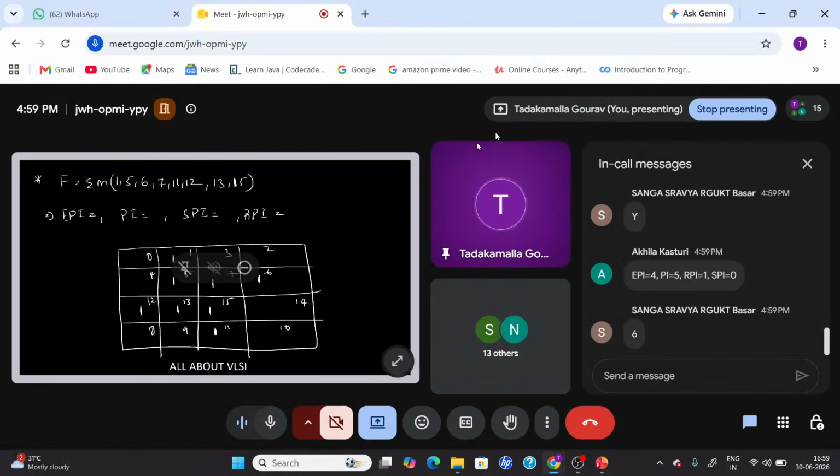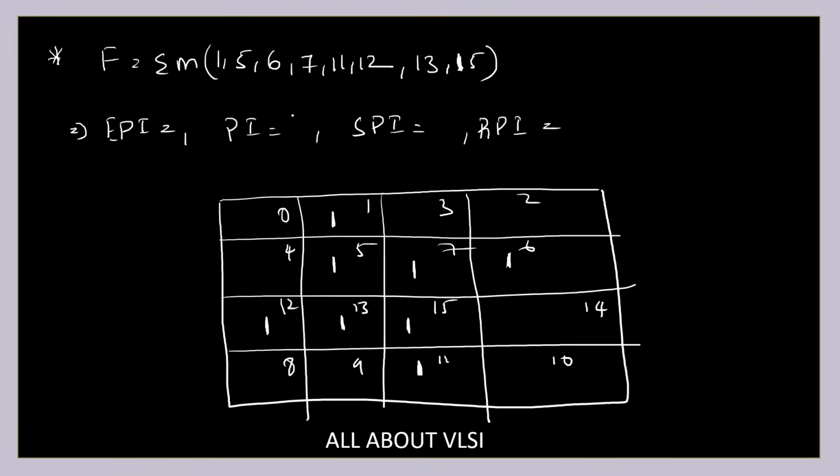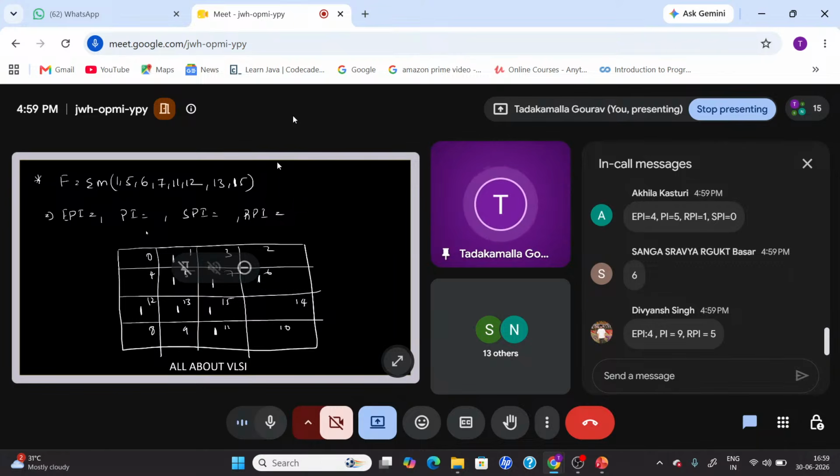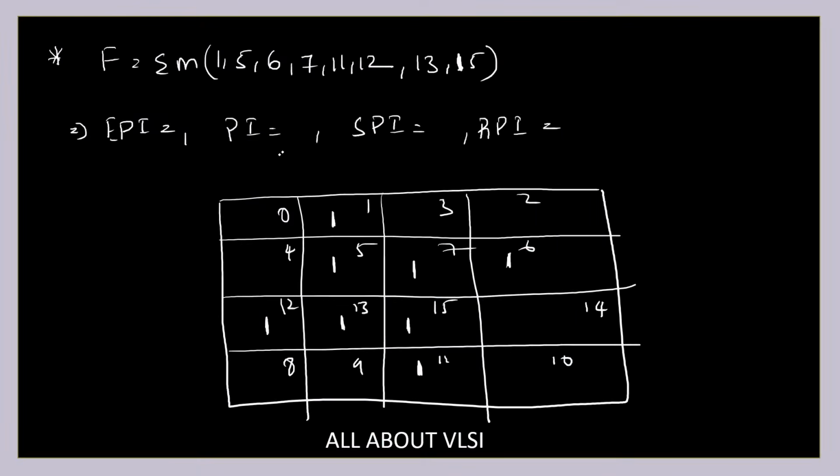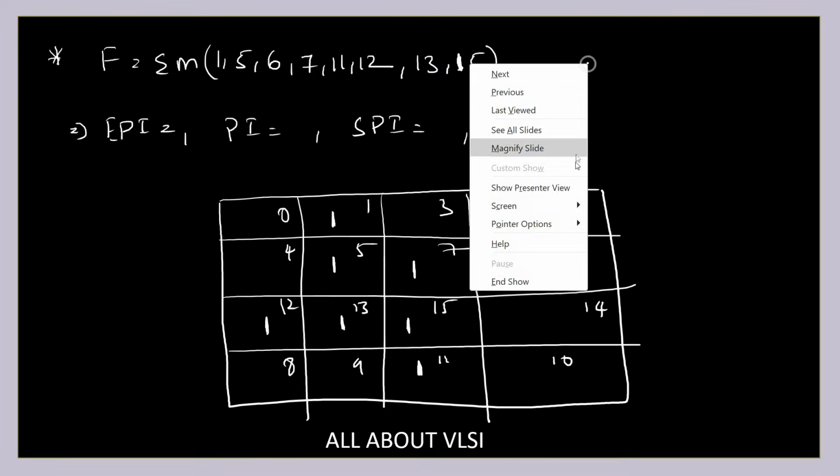EPI 4, PI 9. RPI is equal to 5. And what about SPI?